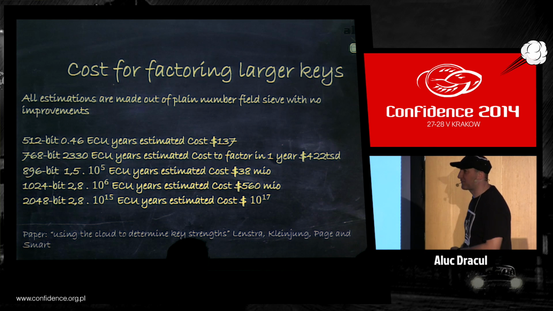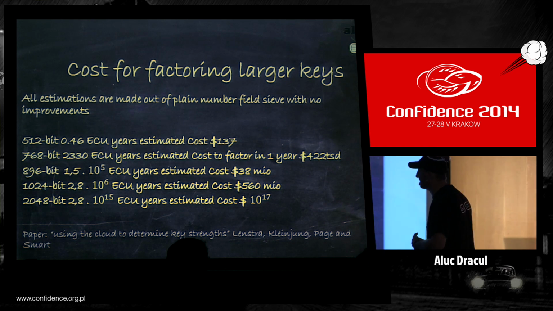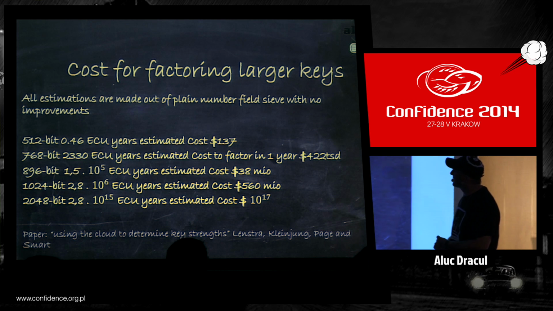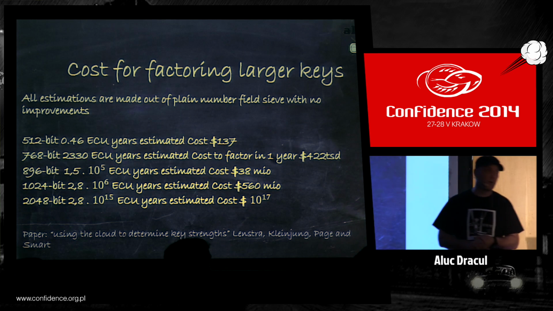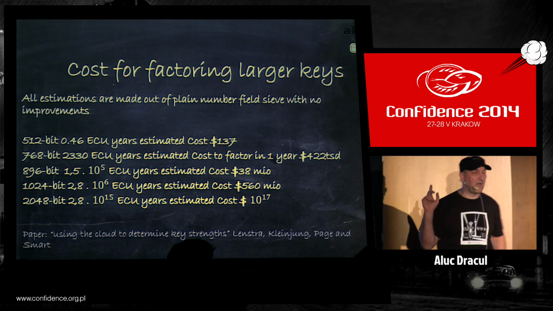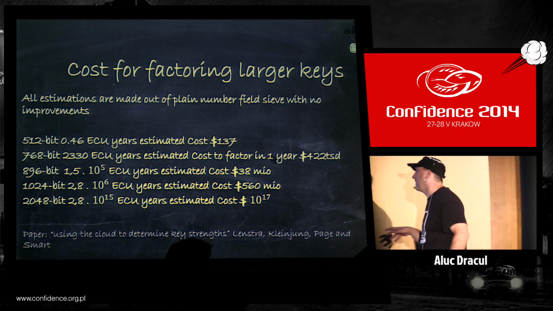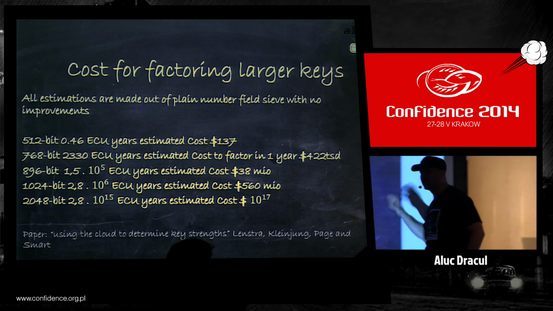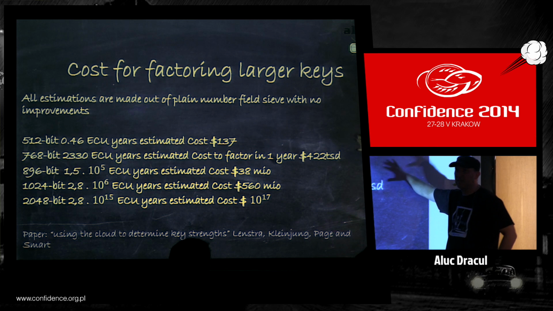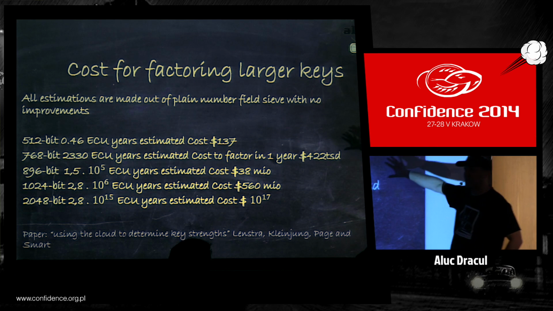But hey, it just takes a few more years. By the standard of what we have in computing power, and this is actually without using any advanced techniques, this is just regular number field calculations with no fine tuning on it, right?